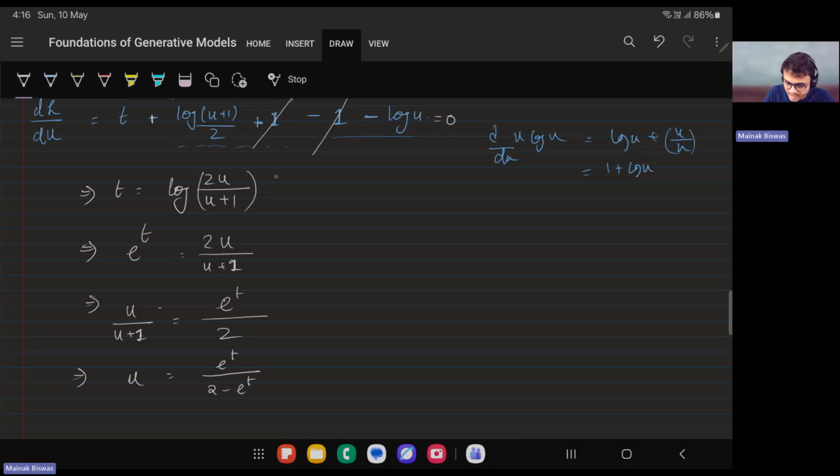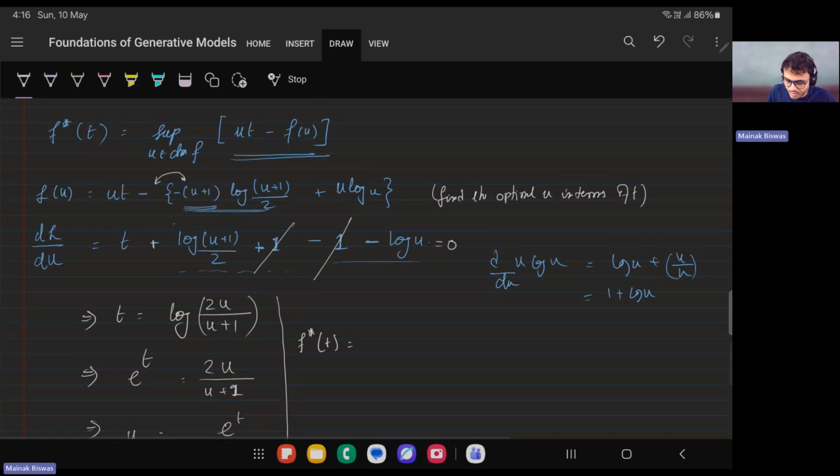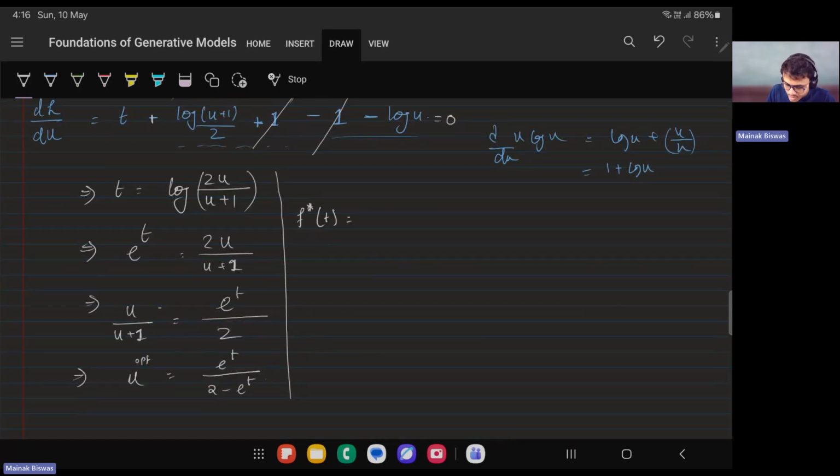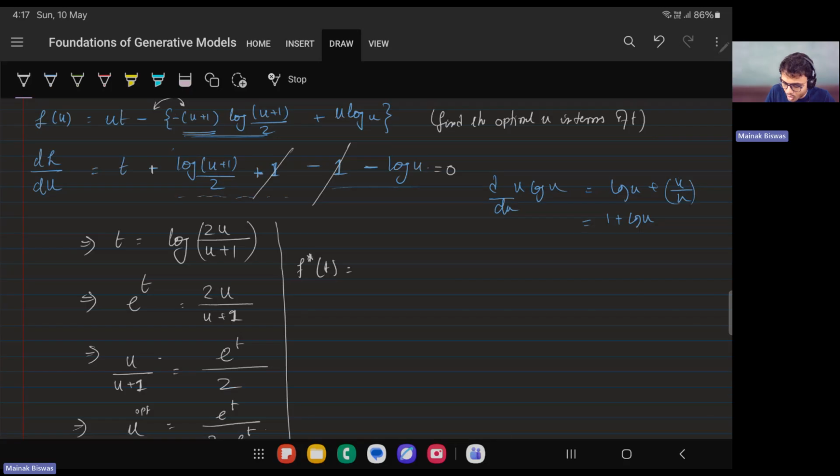And now if I can find u, I can easily find f star of t. F star of t is therefore, I've got the supremum value. I'll just put in my u opt. So I'll put the value of u opt and I'll get t times e to the power t by 2 minus e to the power t, plus e to the power t by 2 minus e to the power t plus 1, right?